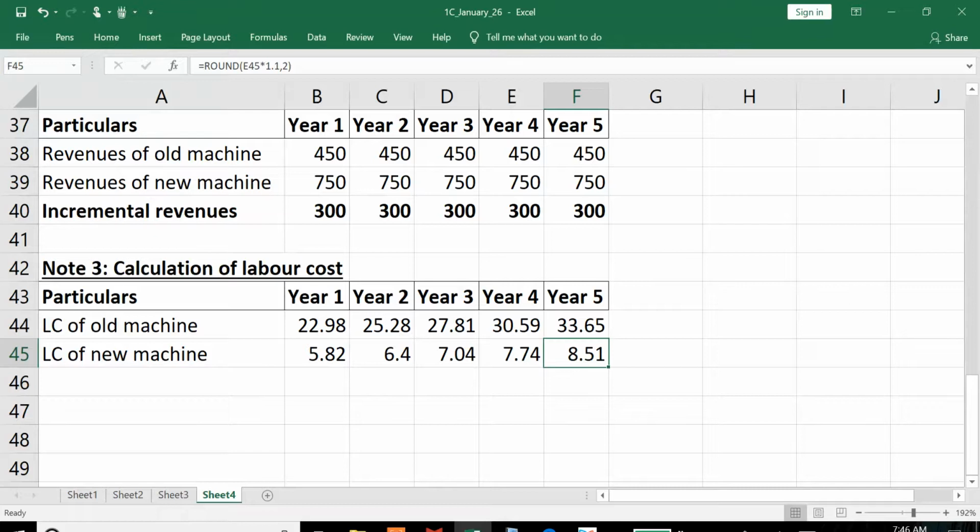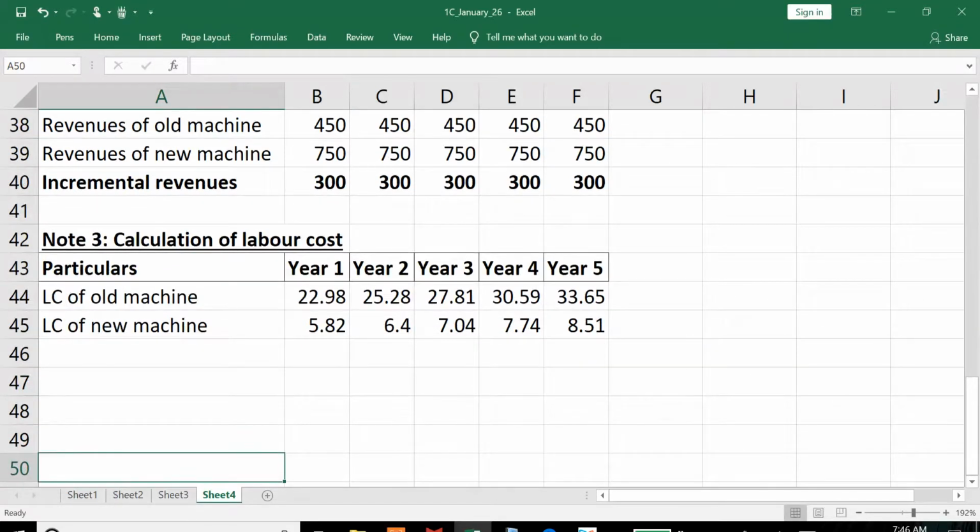They need not explicitly mention this. If cost for the old machine is going up by 10% every year, I have to increase these wages also, because inflation is a common phenomenon. So I will have to increase this by 10% every year.